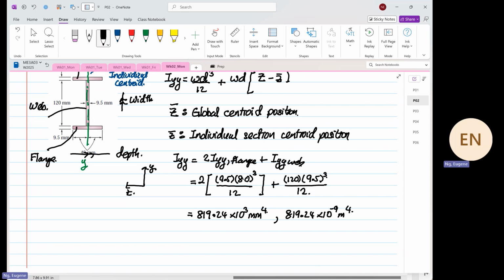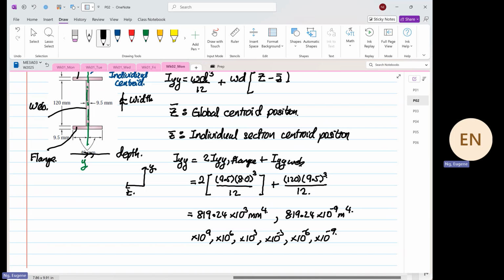Now in this course, all your answers have to be left in terms of 10 to the power 9, 10 to the power 6, 10 to the power 3, 10 to the power minus 3, 10 to the power minus 6, and 10 to the power minus 9. Are we clear? I don't want to see 10 to the power minus 5. I don't want to see 10 to the power minus 7. I don't want to see 10 to the power 7.